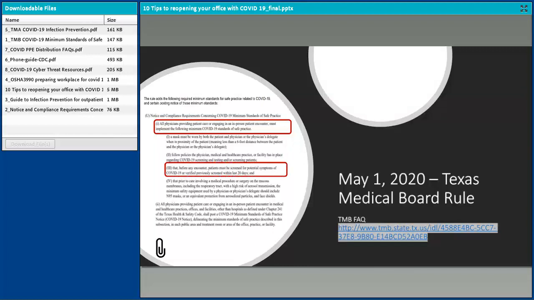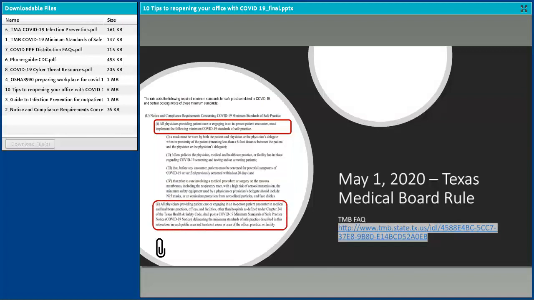Before any encounter with a patient, they must be screened for potential symptoms of COVID or verified previously screened within the last 20 days. And prior to having any surgical procedure in the mucous membrane area or anything around the respiratory tract with a high aerosol transmission, minimum safety equipment must be used by the physician and or delegates, such as the N95 mask or equivalent.